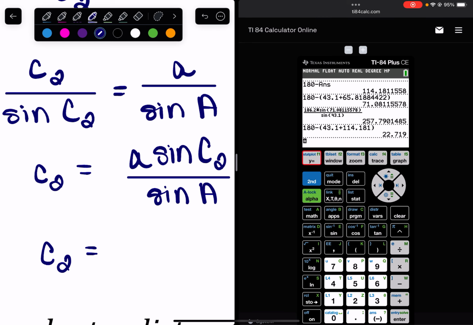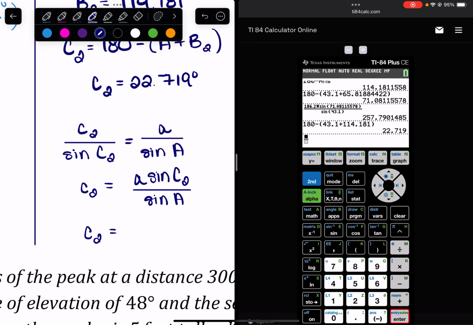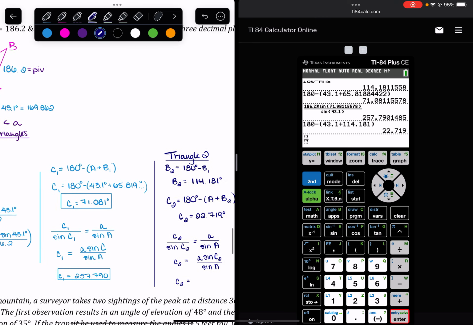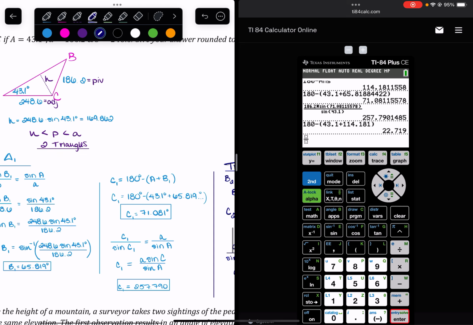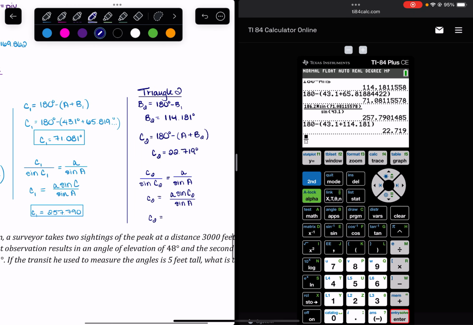So I'm going to get my fraction template first. Side A, if we go back and look at our triangle, side A is 186.2 times sine of angle C2, which is this angle we just found here, so I'm just going to enter it in, divided by sine of angle A, and angle A was 43.1.